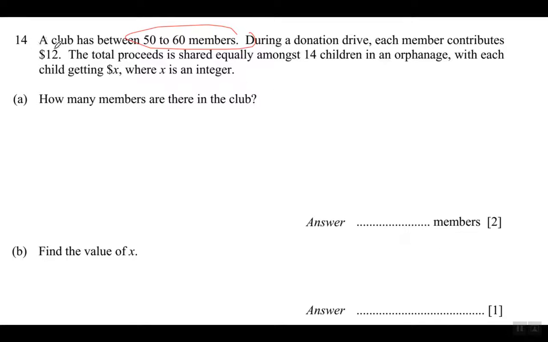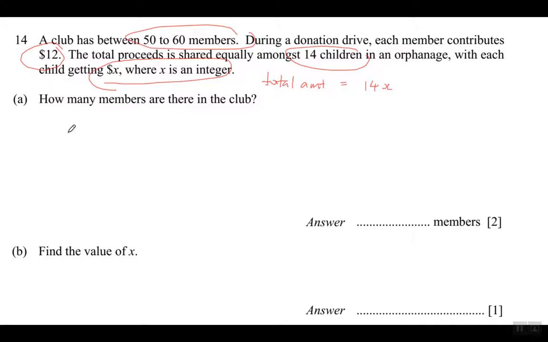So a few things: between 50 to 60 members, everybody contributes $12, and there are 14 children, each child gets X. So the total amount collected is 14 times X.